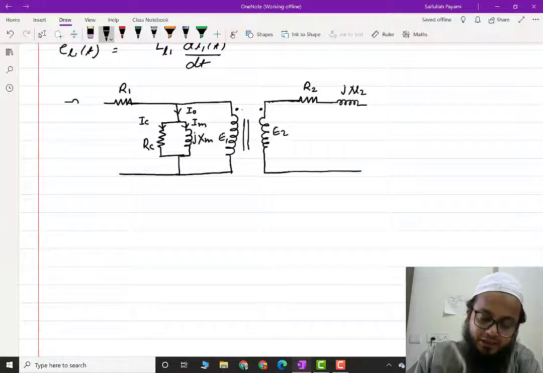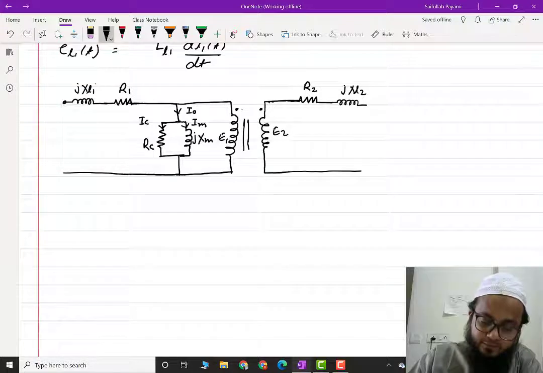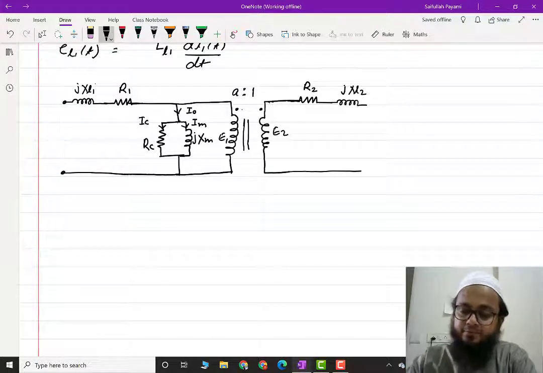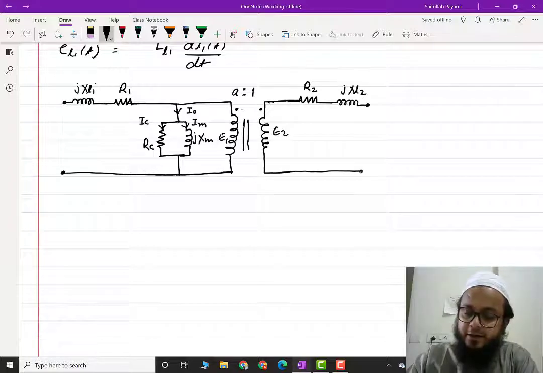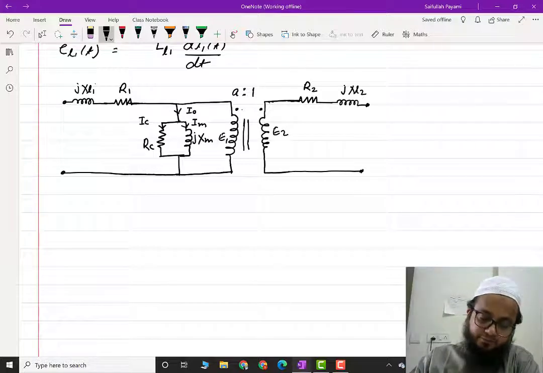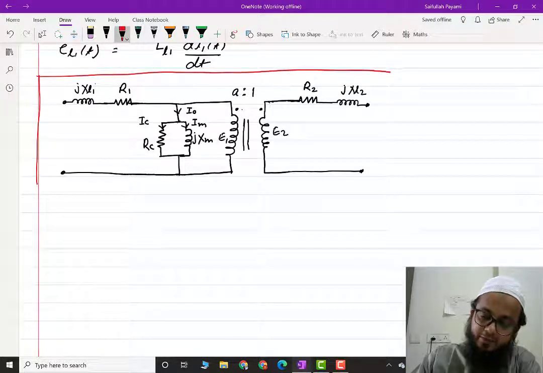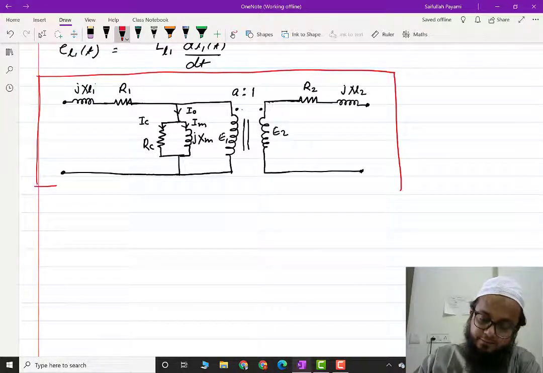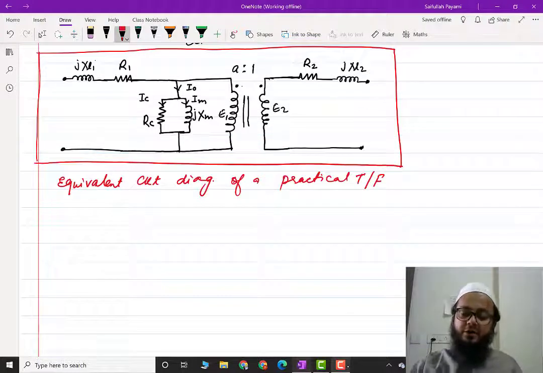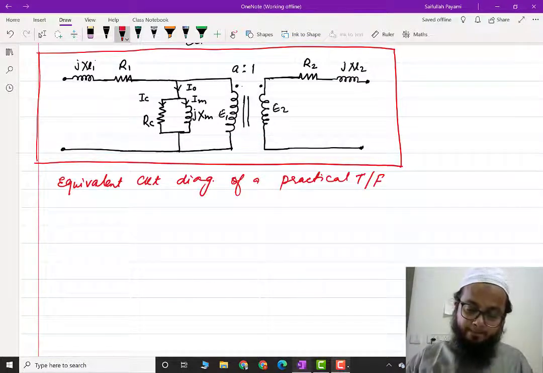So in both the windings we would be having the leakage reactances jXL1 and jXL2. So this is the equivalent circuit diagram of the practical transformer.